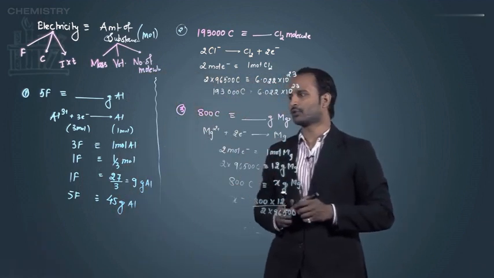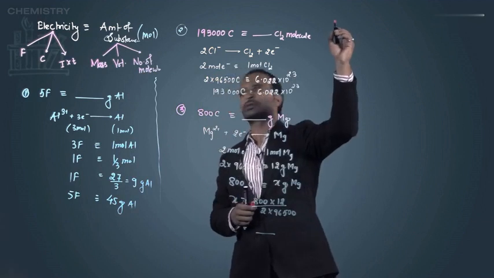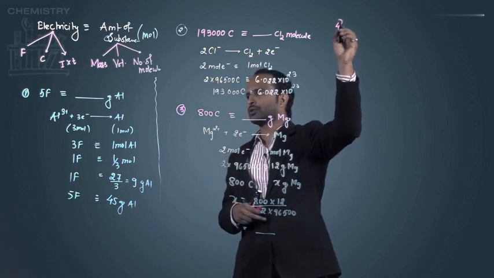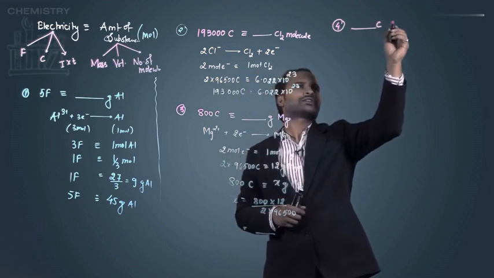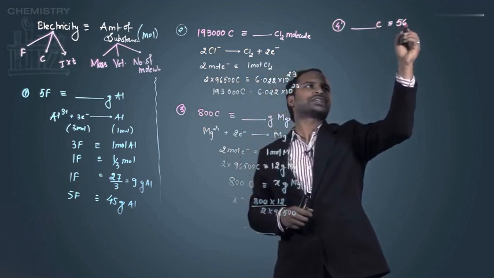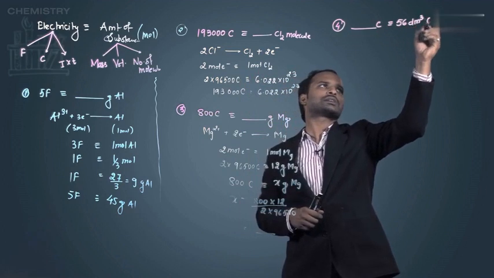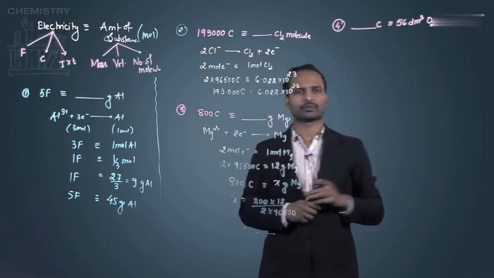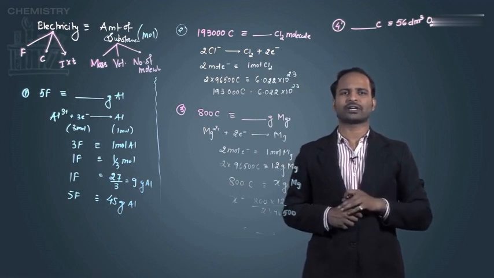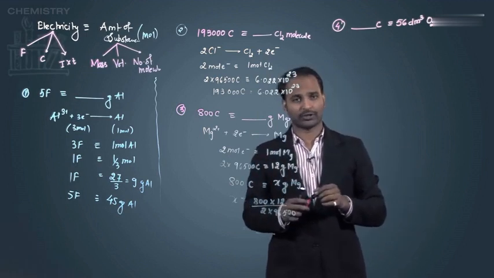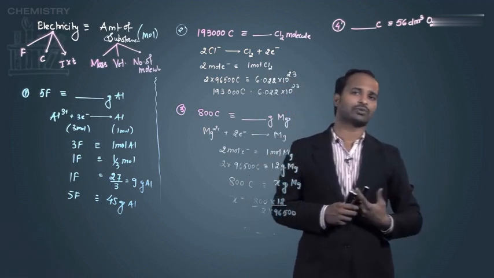Similarly, let's see the fourth numerical. Some coulombs of electricity is passed so that 56 dm cube of oxygen gas is produced. Oxygen we get from OH minus ions. When OH minus ion undergoes oxidation, we get O2.